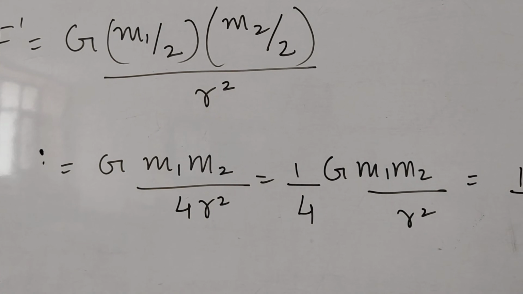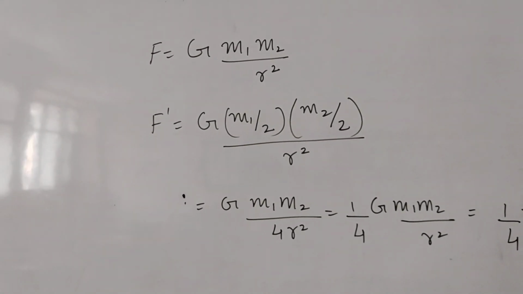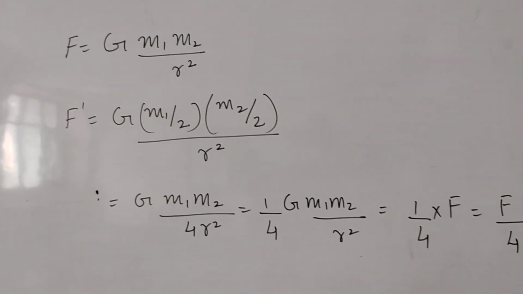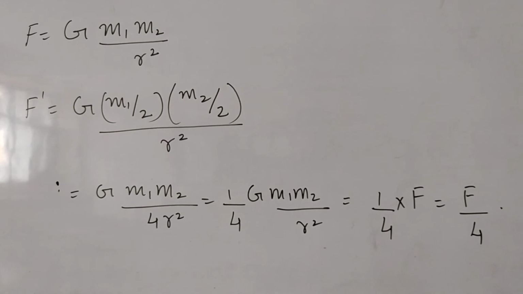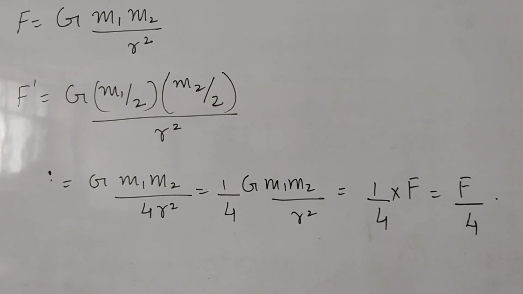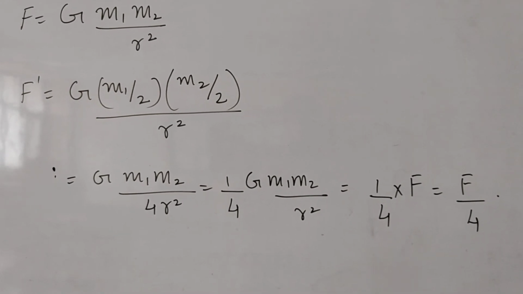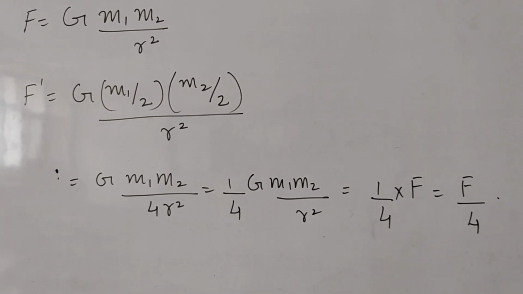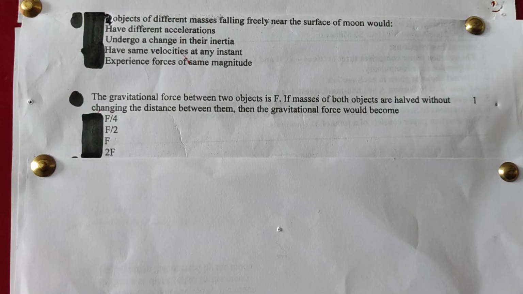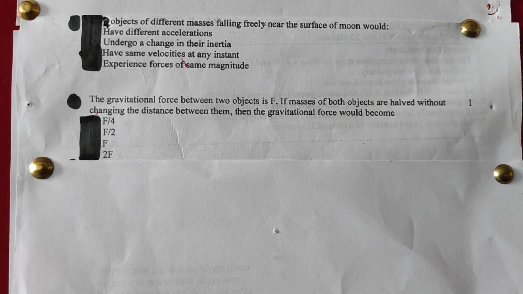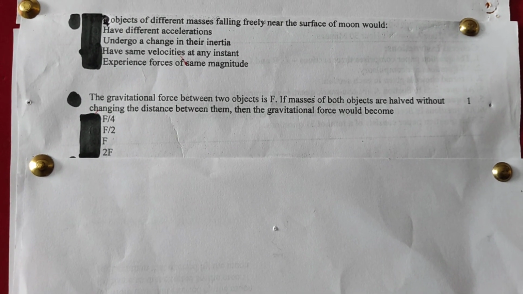But G m1 m2 over R square is F. So F dash is 1 by 4 times F, so it is F by 4. It means the gravitational force becomes 1 by 4 times F if the masses of the two bodies are halved. So A, F by 4, is the correct option.